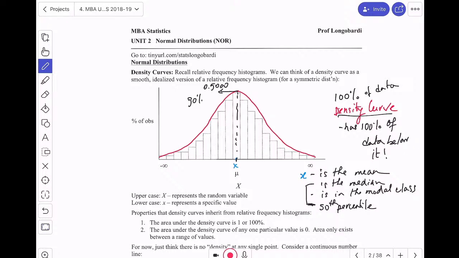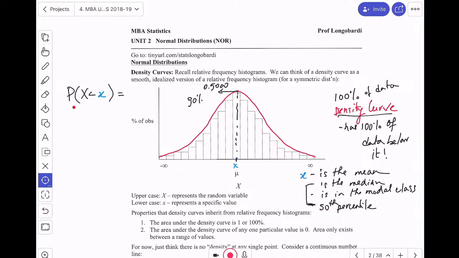I also want to write that as the proportion of observations or percentage of observations, or because I'm referring to this density curve as representative of my population, I can also say probability, or the chance is 50% that the variable X will be less than blue x.